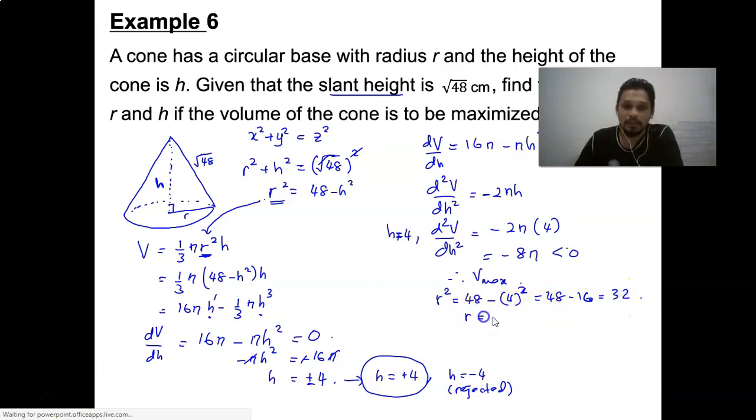Then r equals the square root of 32. Let's simplify this, it gives you 4 square root of 2.